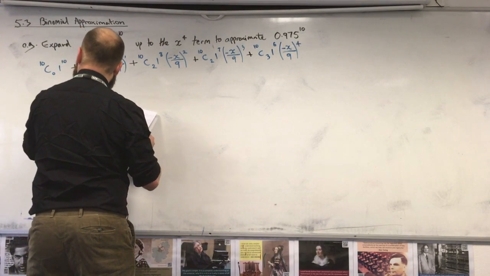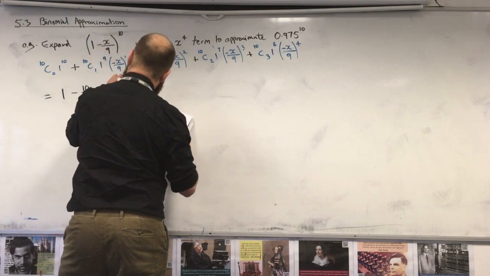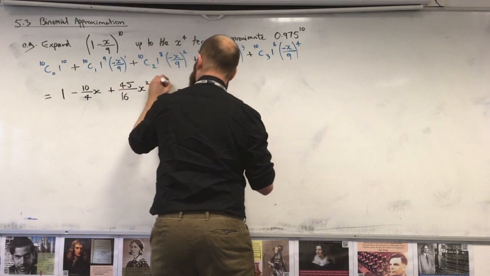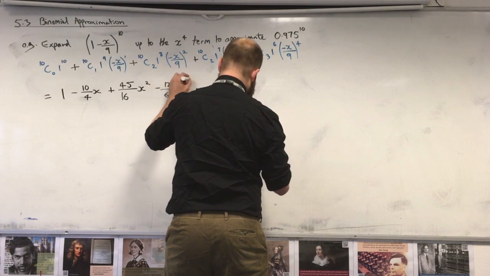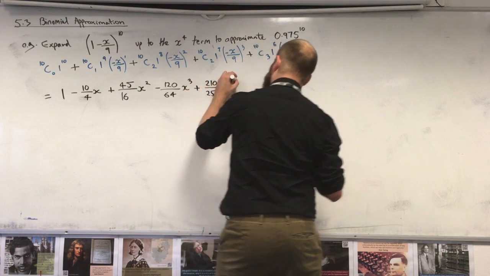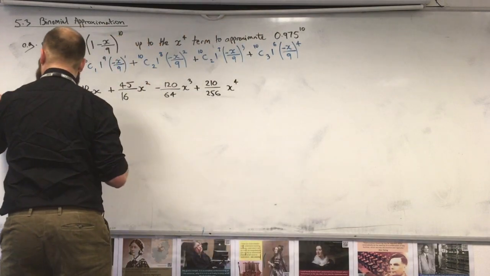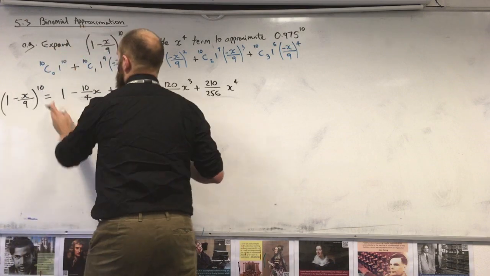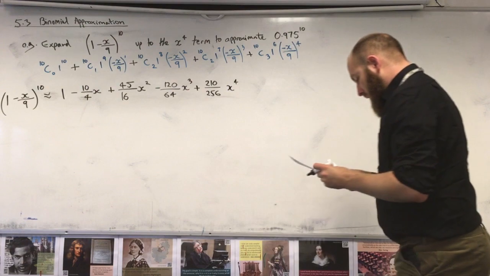So we get 1 minus 10 over 4 x, plus 45 over 16 x squared, minus 120 over 64 x cubed, plus 210 over 256 x to the 4. So that's our expansion of 1 minus x over 4, to the power 10.